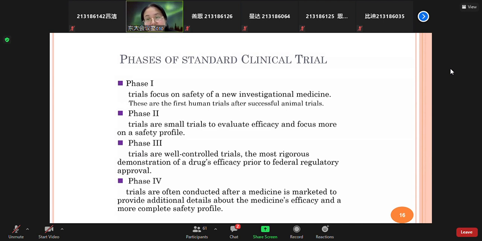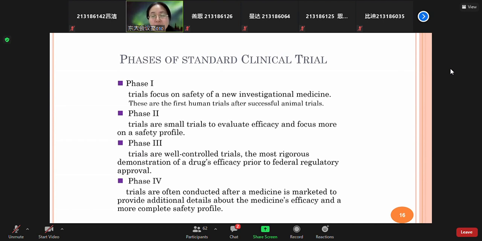So that's definitely for patients and not for healthy volunteers. Okay, and phase 3 is the most strictly required, most formal clinical trial. That means a phase 3 clinical trial has to follow the 3 principles, like a randomized controlled trial. Okay, so remember, phase 3 will be the most formal clinical trial.